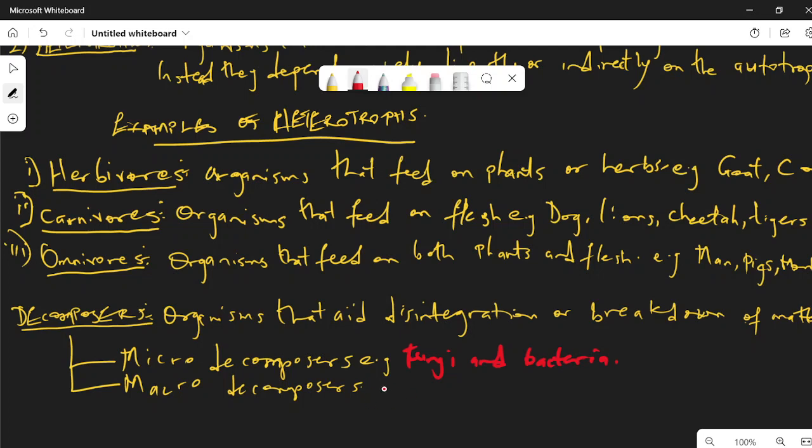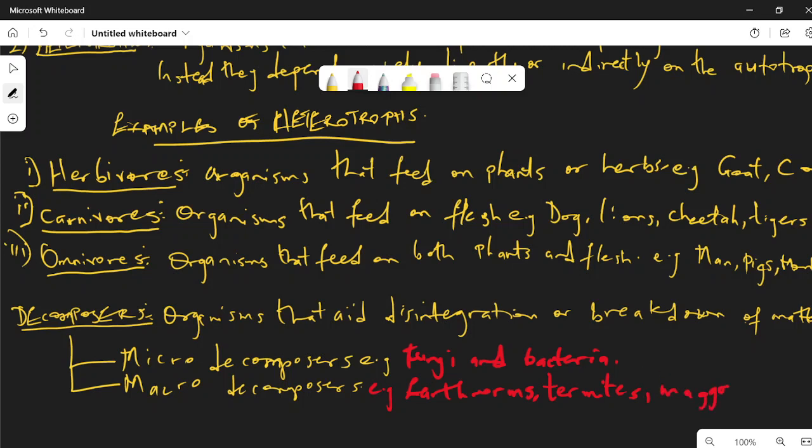And for the macro decomposers, we can have them in the earthworms, we have them in termites. These are macro decomposers. We have them in maggots.